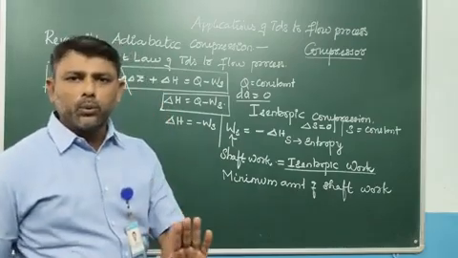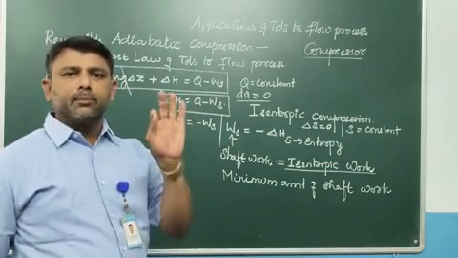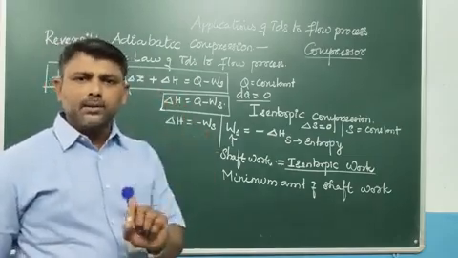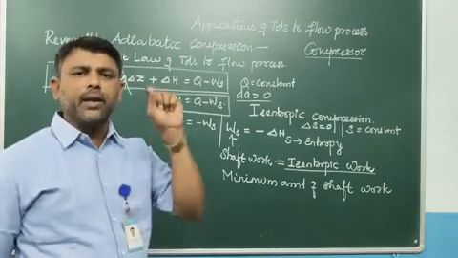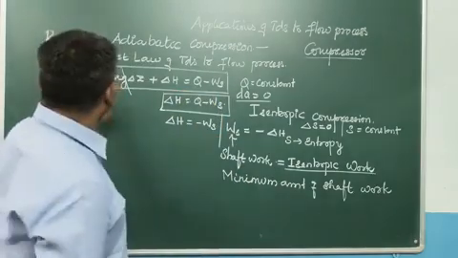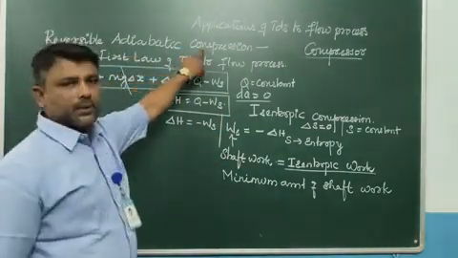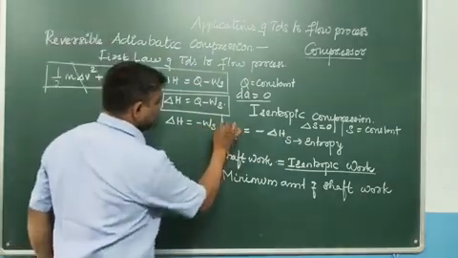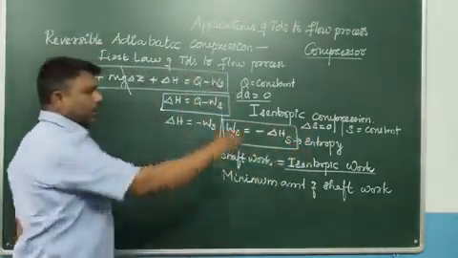Clear? Isentropic work is the minimum amount of shaft work for a compressor to compress air or gas from initial pressure to final pressure during reversible adiabatic compression or isentropic compression. Clear? Okay.